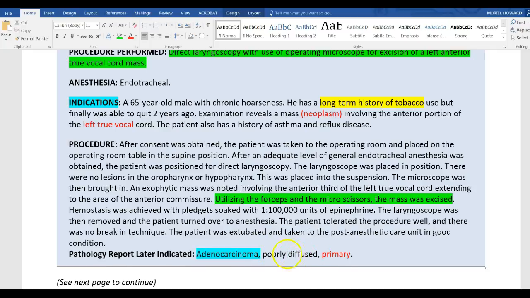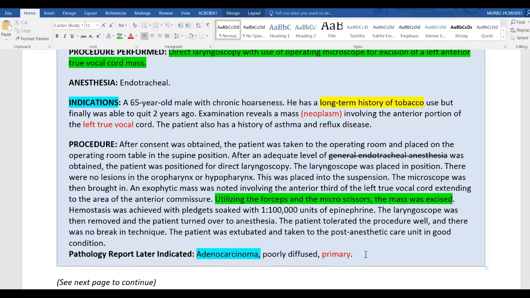It's just saying poorly differentiated, and that has nothing to do with our coding. So primary, when we're dealing with neoplasms, and that's why I put neoplasm up here, you have different types. You have primary, you have secondary, you have in situ, you have uncertain behavior, and you have unspecified. Those are various portions on your neoplasm table.